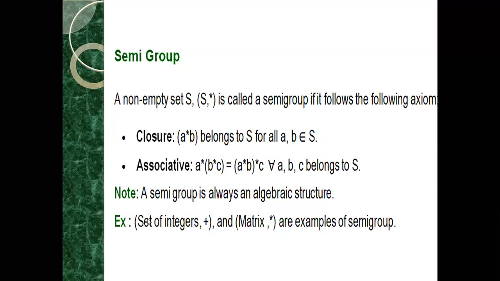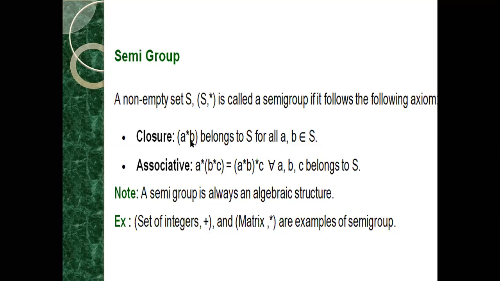For example, the set of integers Z with plus, and matrices with star, are also examples of a semi-group. If we consider any two integers, suppose 5 and 3, they satisfy the closure property. 5 and 3 belong to the given set.